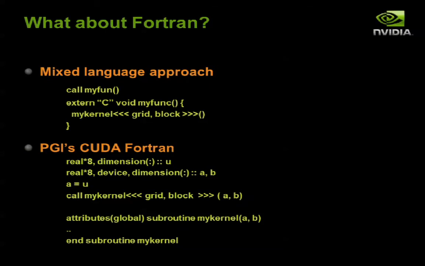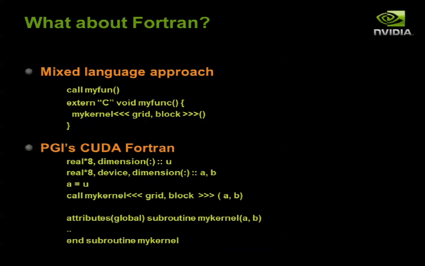Now with PGI's CUDA Fortran, you have extensions to Fortran. For instance, if you have an array U with a certain dimension, you can create arrays that have the attribute device, which will live on the GPU. Simply by assigning U to A, you're copying data between host and GPU.